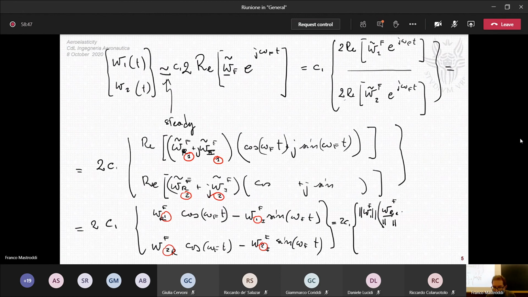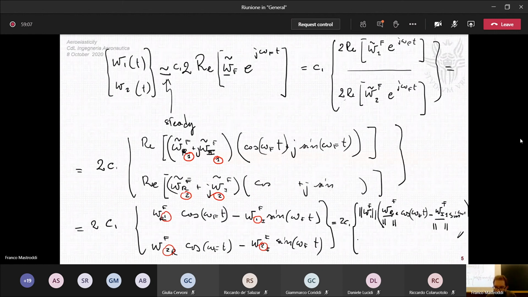And this is multiplied by cosine omega flutter t, and minus the imaginary part of the first component, divided again by the module, times the sine.